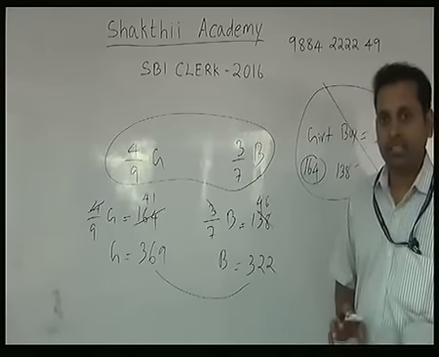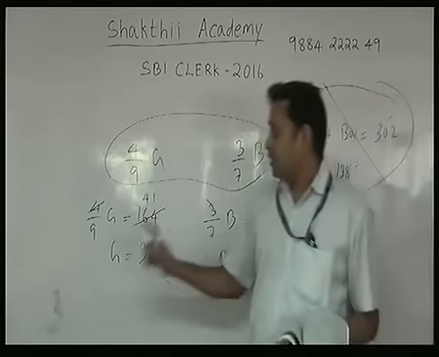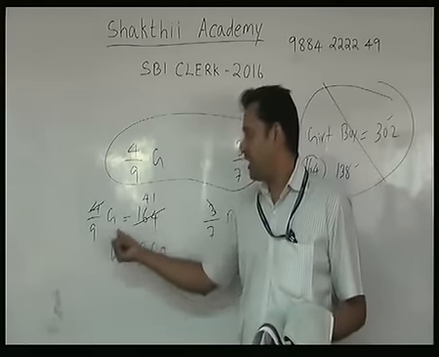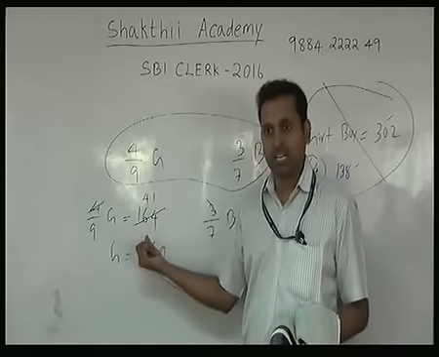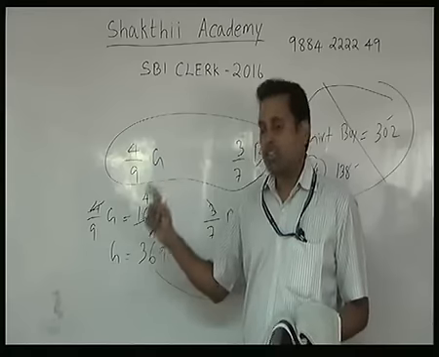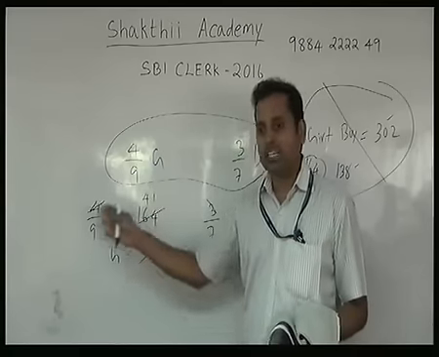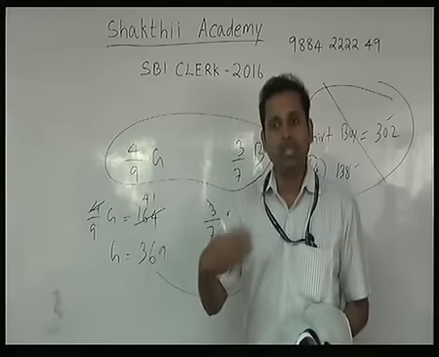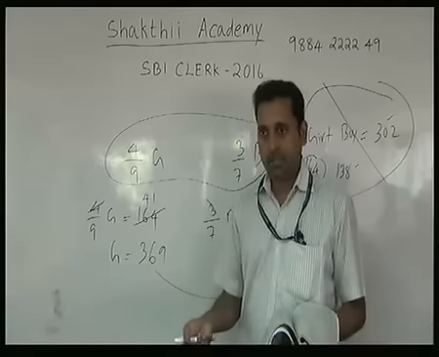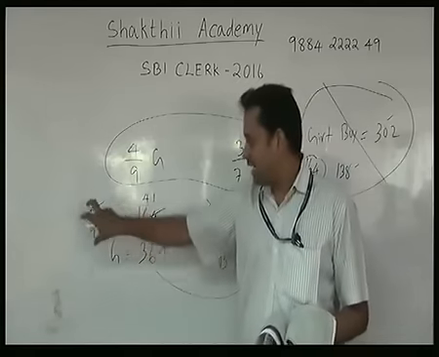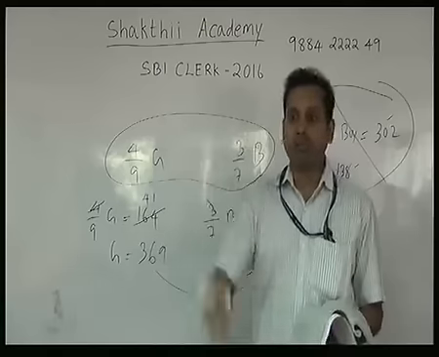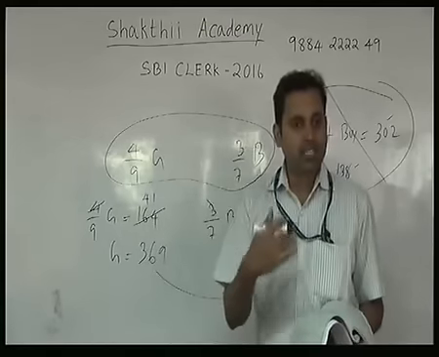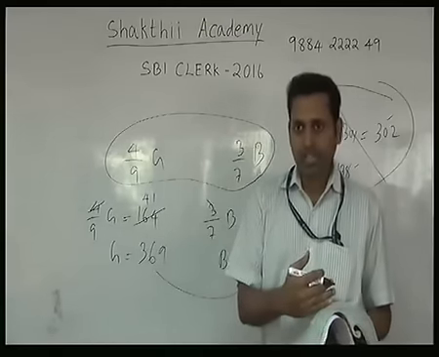Is it clear? And you know even 4/9 of girls is equal to 164. Correct or not? Again, this 164 is getting cancelled. If possible, try to do it in the mind itself. After writing this, try to do it completely in the mind. Always try to do the sum completely in the mind. Clear?